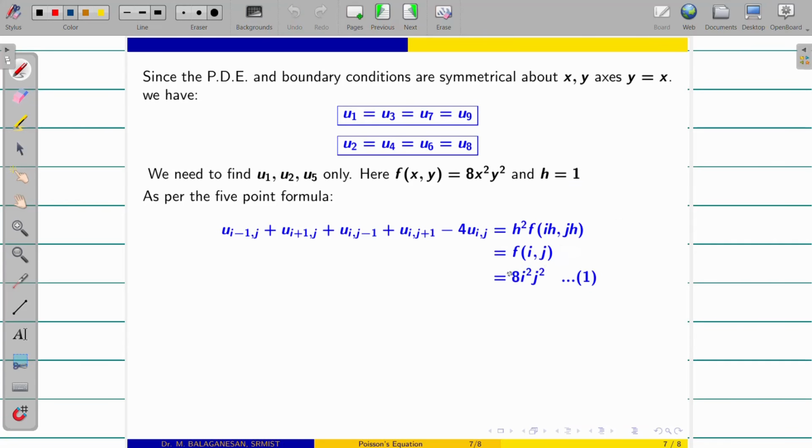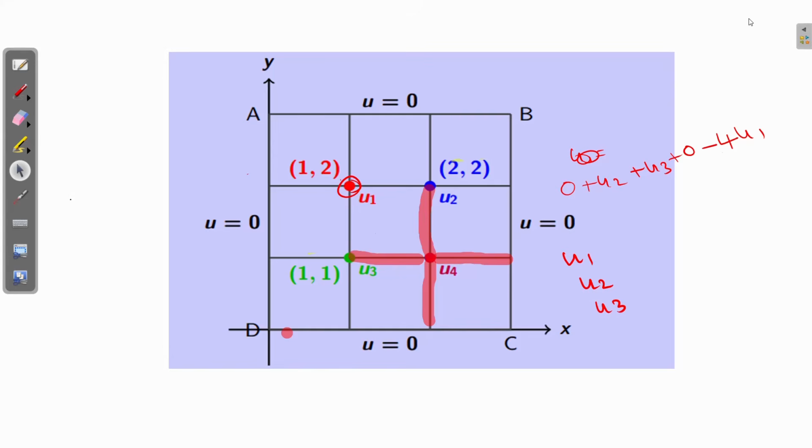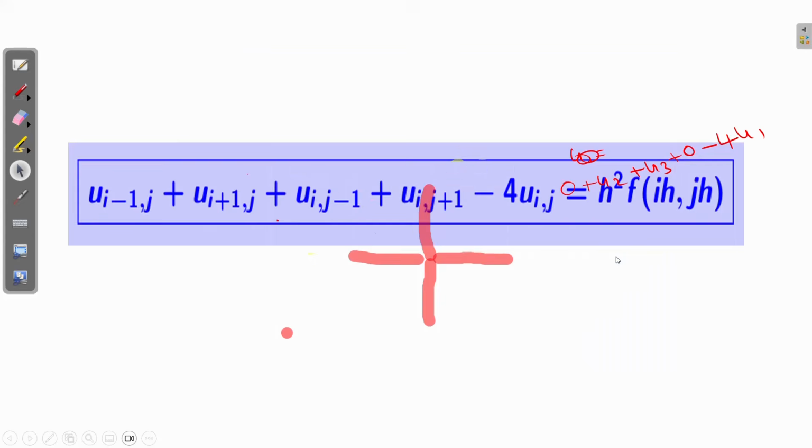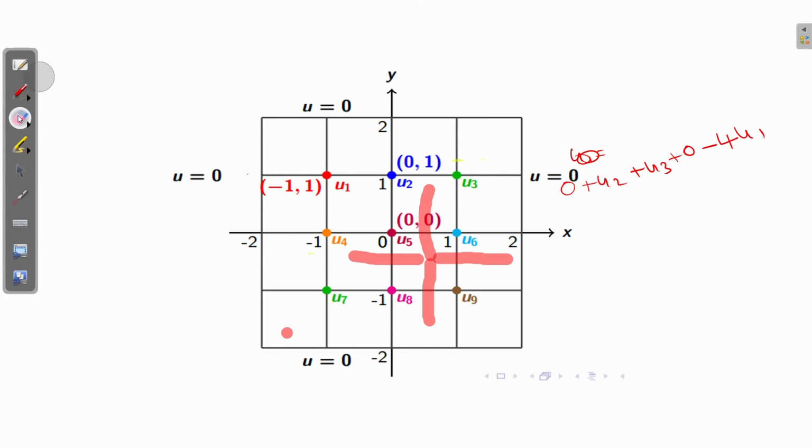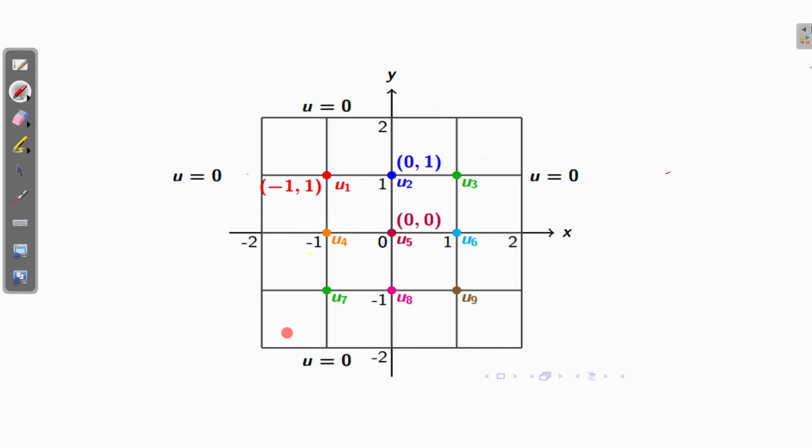Now what is the u1 position? U1 position is minus 1, comma minus 1. Replace x by minus 1, y by minus 1. But what about the left hand side? That is what we are going to discuss now. Look at that.